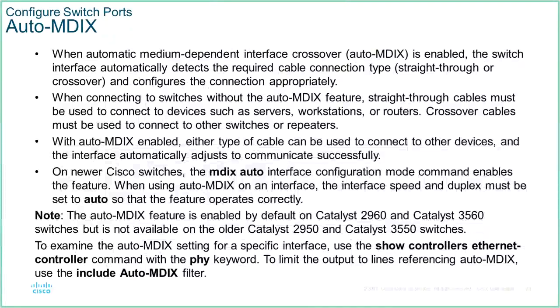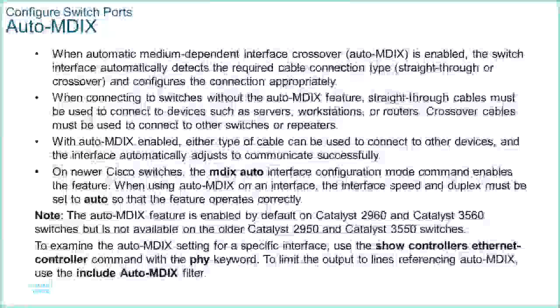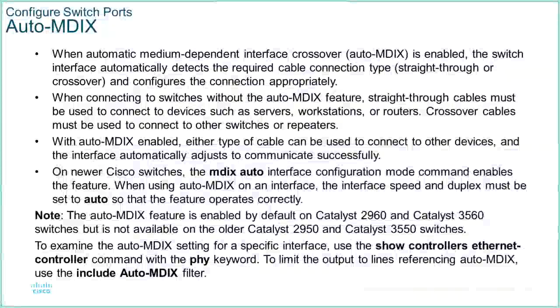You just plug it in and it will detect the type of cable it is, and it will adjust the interface, which pairs of wires it uses to send and receive, depending on the auto detection of the cable.